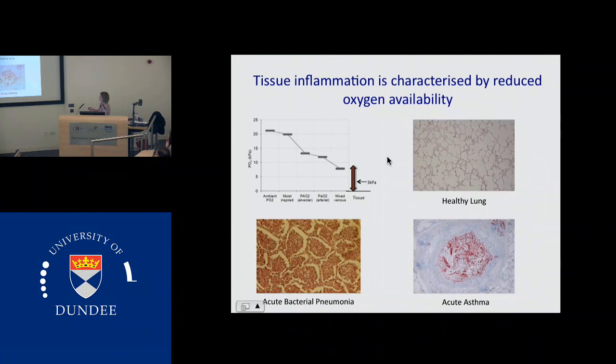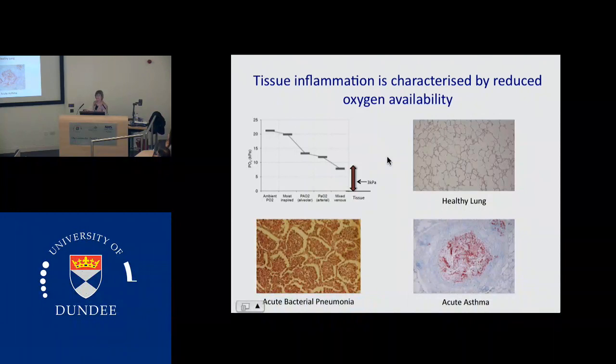By the time it reaches the alveolus and is transferred into the arterial blood, we're down to around 12 or 13 kilopascals. By the time it's been around the circulation and you look at mixed venous blood, it's about 7 or 8 kilopascals. But importantly, in solid organs such as the lung or the liver or the kidney, the usual oxygen tension is only about 3 kilopascals.